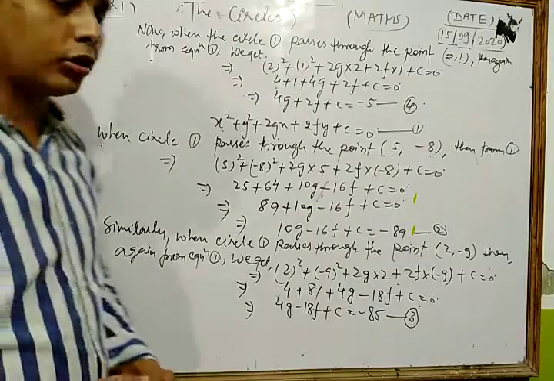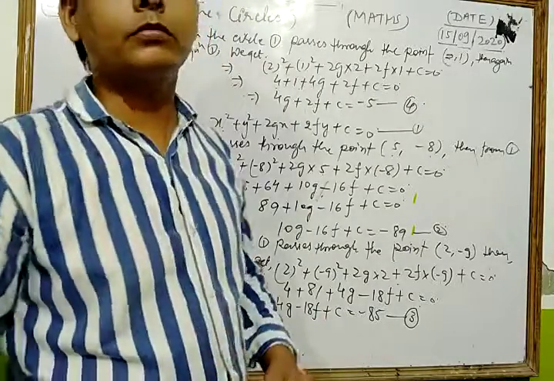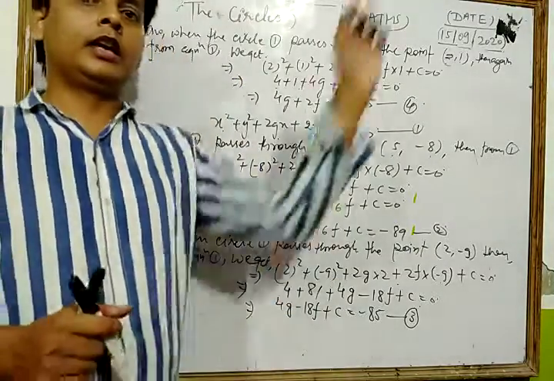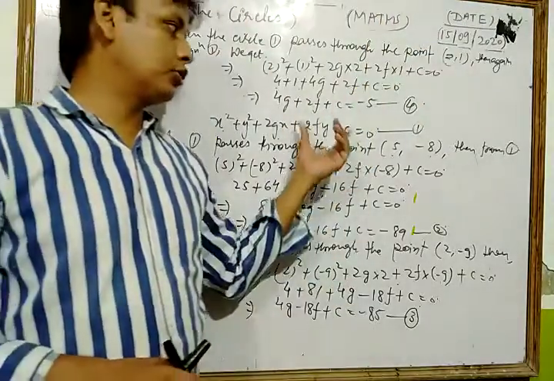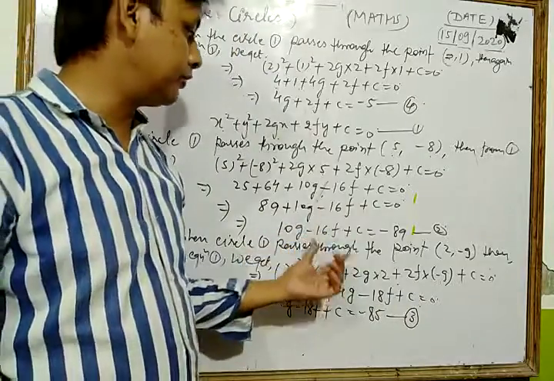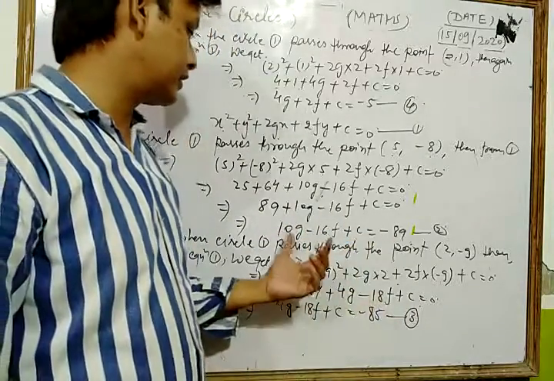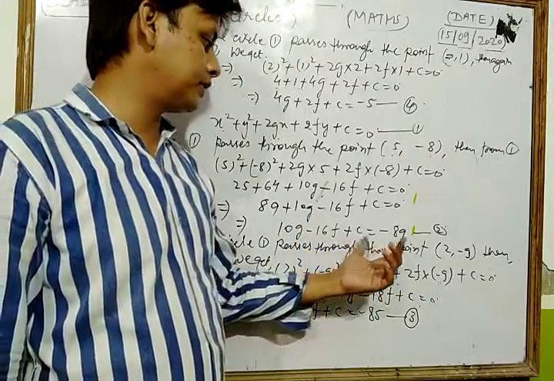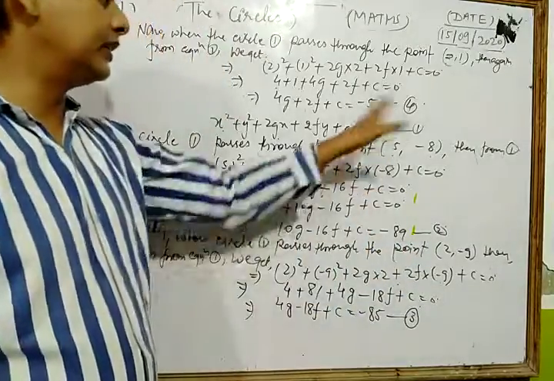Now look, dear students, in this way when the required equation of the circle passes through all 3 points, we form 3 equations: 10g minus 16f plus c is equal to this, and this.